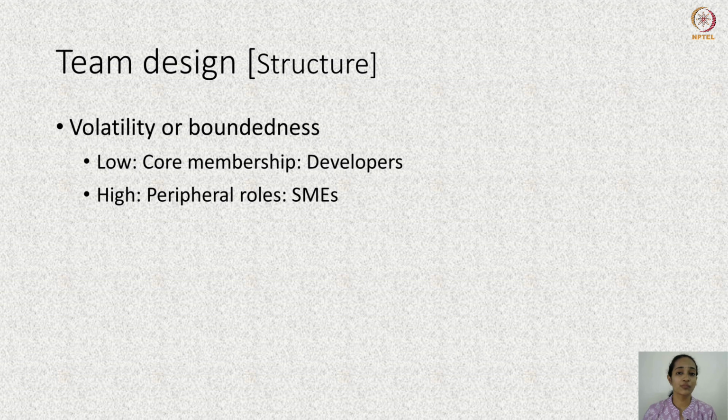Especially the team members who are working on the core tasks of the team will not be participating in more than two teams at any given point in time. Also, these team members are dedicated. That is, they start with the life cycle of the team and go on till the team is disbanded.